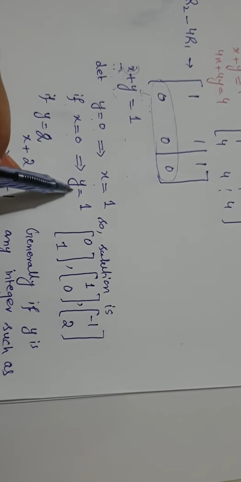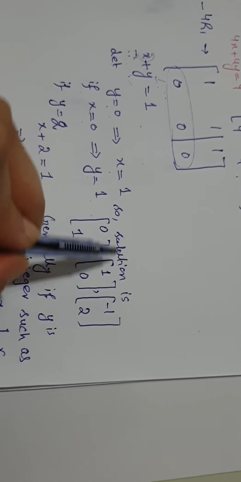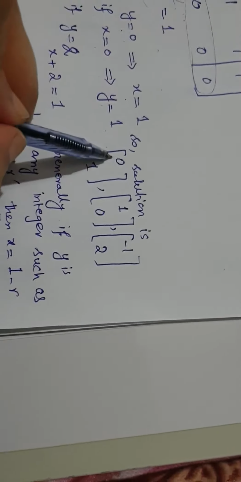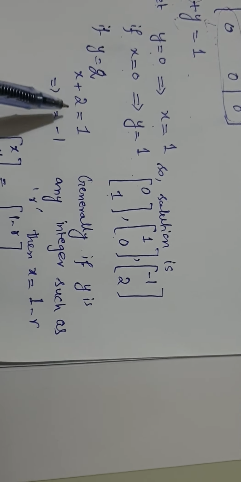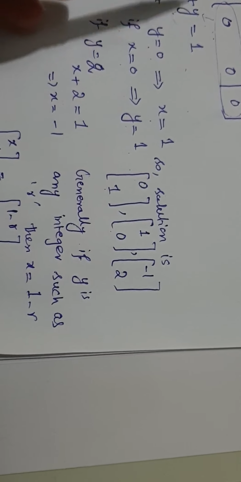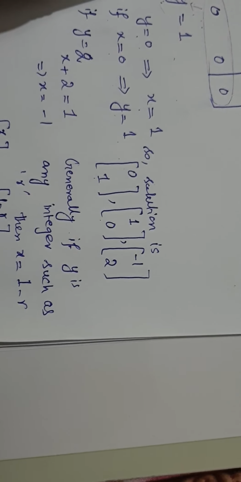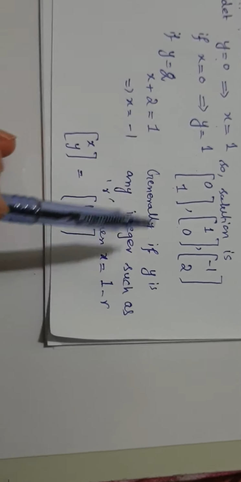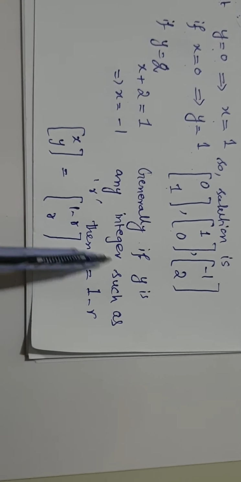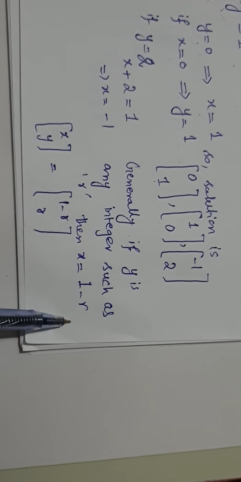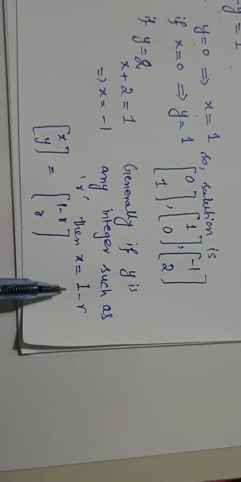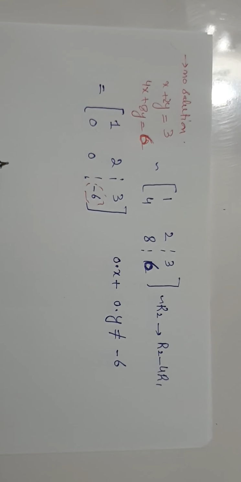Similarly, if x = 0, then y = 1, so the solutions are (0, 1) or (1, 0). Similarly, if I keep choosing different values of y, I will obtain different values of x. Generally, if y is any number r, then x = 1 minus r. So in this case, infinite solutions exist.